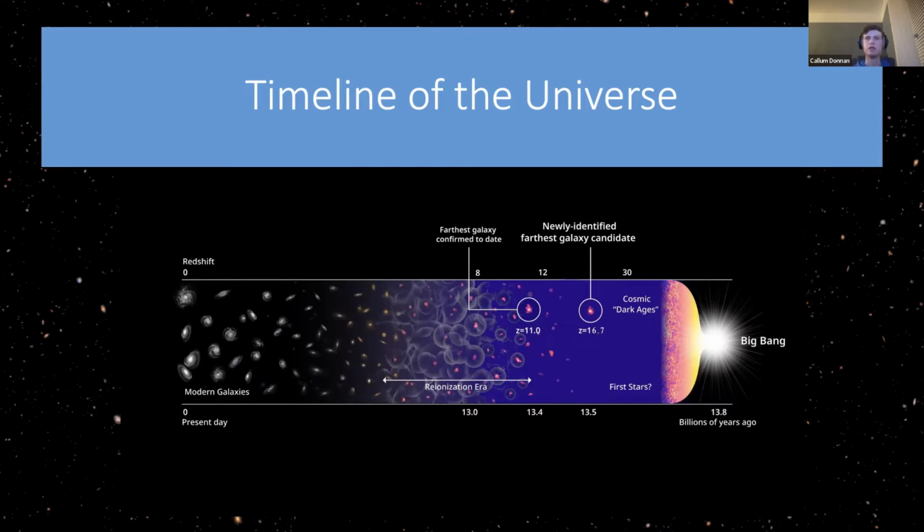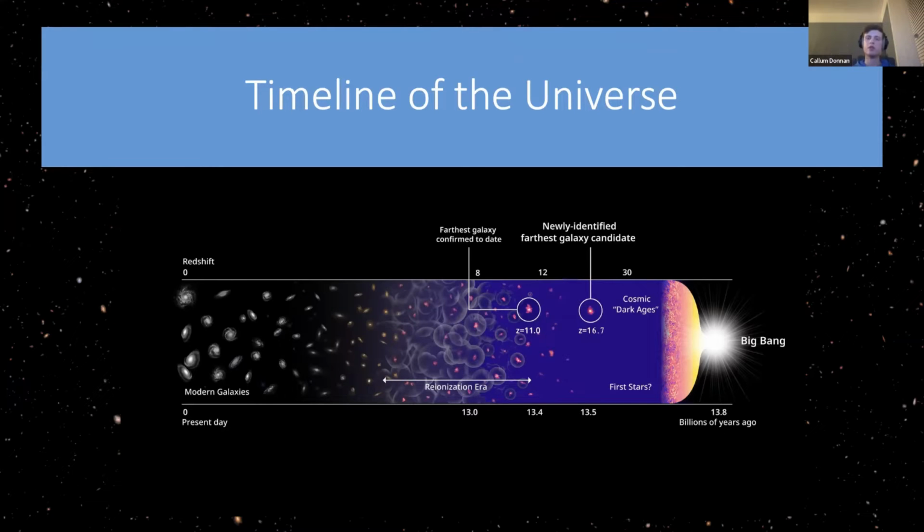We think somewhere in the first billion years or so after the Big Bang, we've got this sea of neutral hydrogen gas in this dark universe, where there's no starlight yet, and over time gravity pulls in this gas and eventually condenses and forms stars.